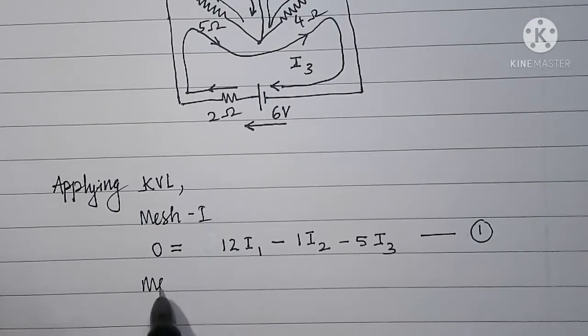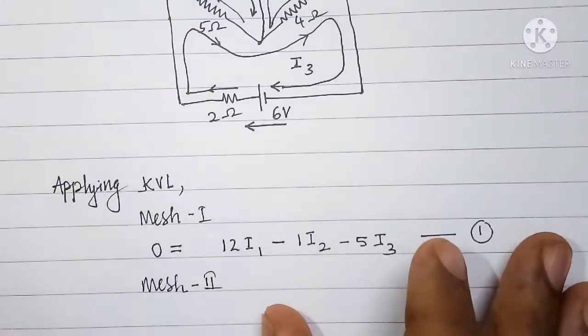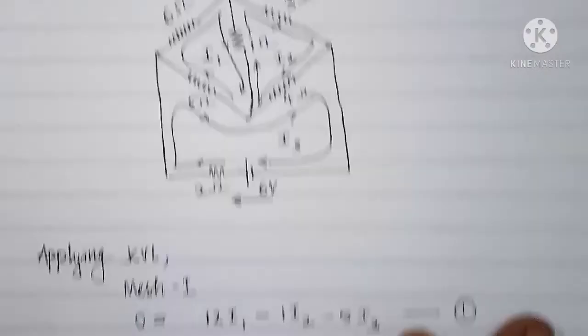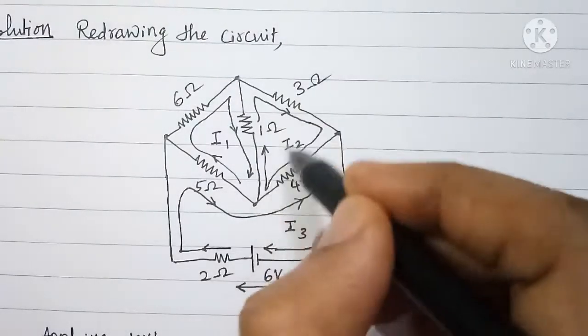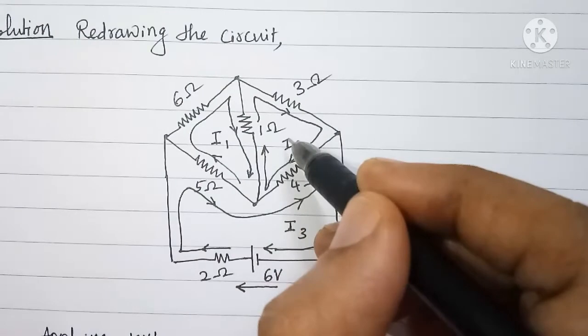I will take mesh 2. Voltage rise in mesh 2: there is no voltage source, so voltage rise is 0.